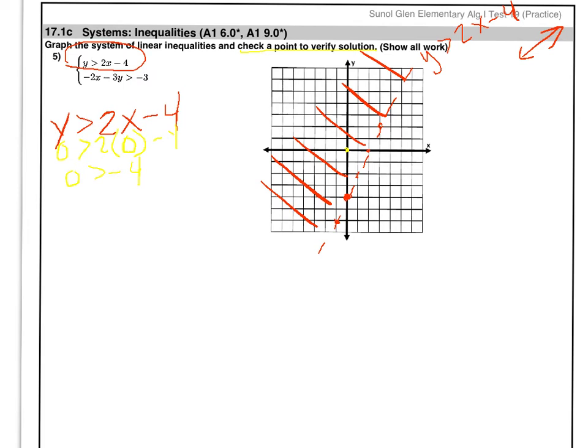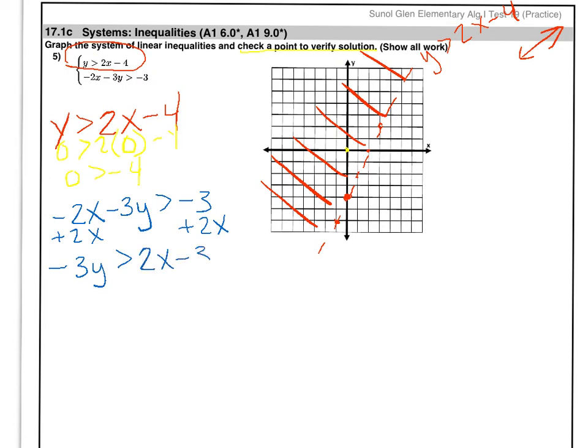But now we have to deal with our other line. So I'm going to take the equation of my other line that they gave me, and I'm going to use another color so that I can keep them separate. And I'm going to convert it to y equals mx plus b so I can graph it really easily. So I'm going to say that I need to add 2x to both sides, and I get -3y is greater than 2x minus 3.